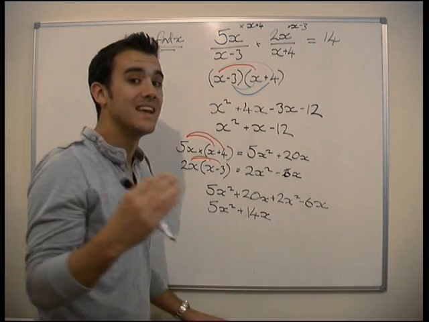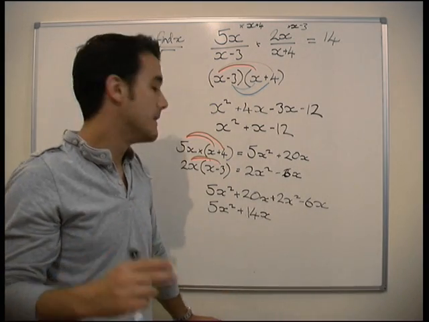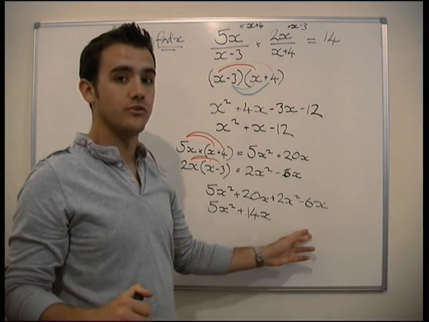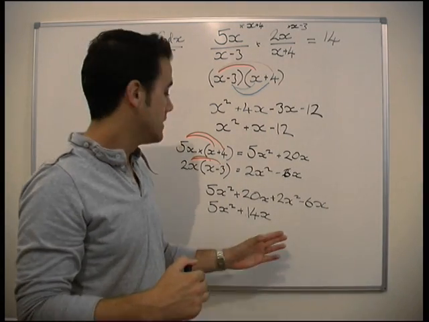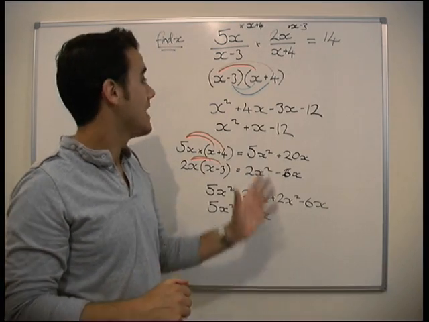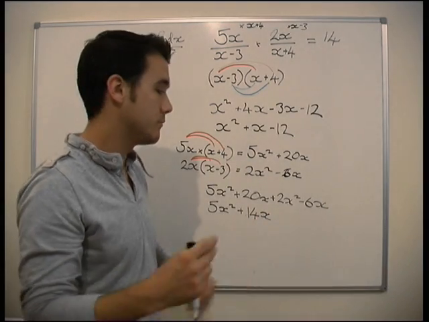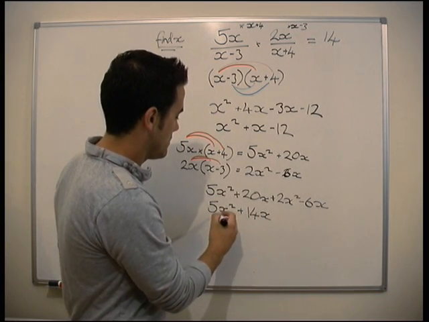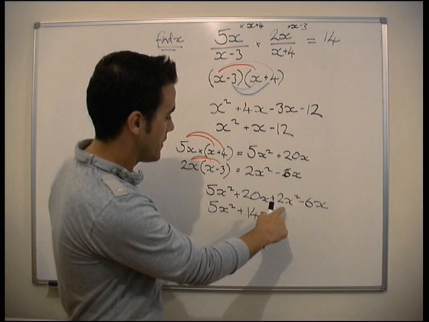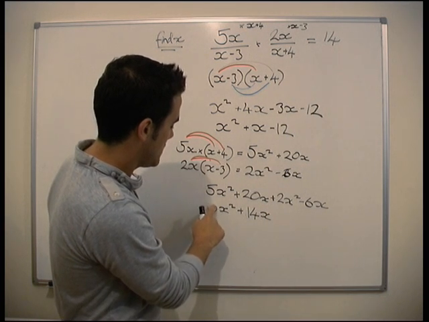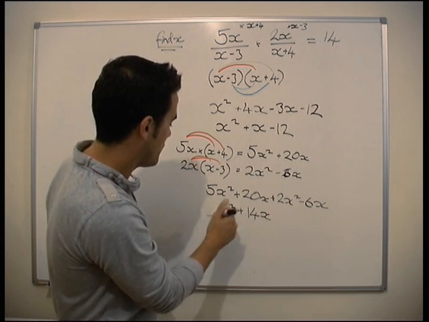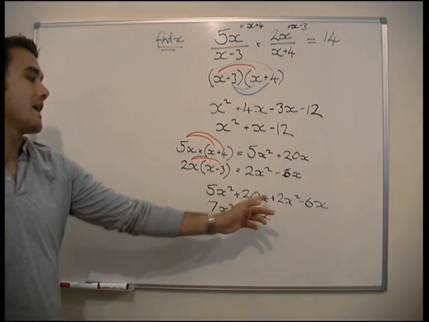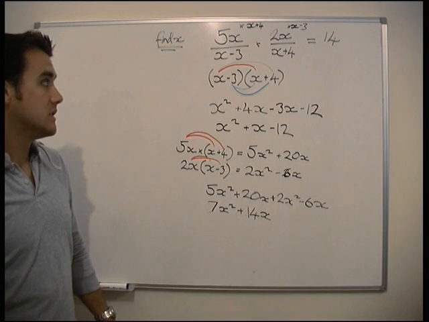See, it's very easy to make simple mistakes. You've got to make sure you're really concentrating and also check back through at the end. A silly mistake like that could cost you a mark in the exam. You'd probably still get your marks for the working, but you'd miss marks in the exam, so keep vigilant to them. Also, I've not simplified enough. I've not added the 2x squared onto the 5x squared, so it's actually 7x squared plus 14x. That's what that actually simplifies down to.